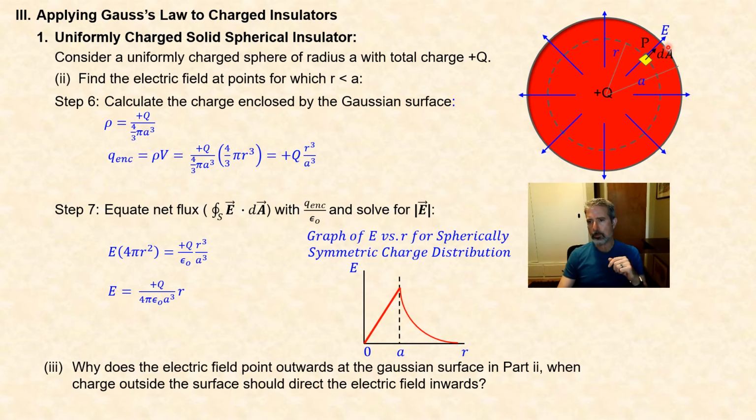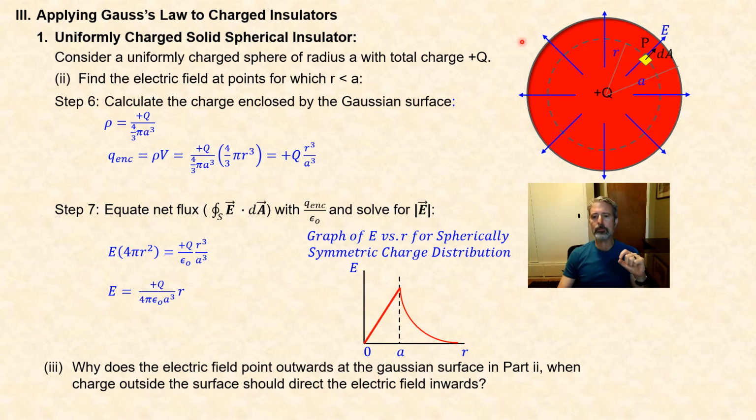So for example, at this point P here, if I'm looking at charge outside of my Gaussian surface, shouldn't that exert an inward force here? At this point, shouldn't the field contribution be inwards rather than outwards? And so the real question is, why did we automatically draw the electric field to be outwards?